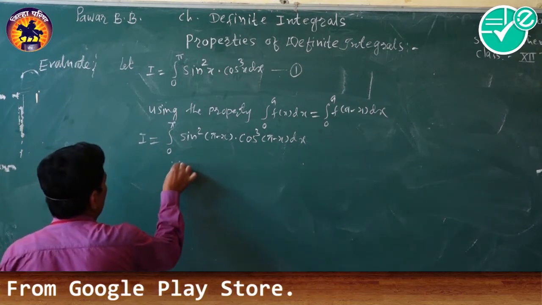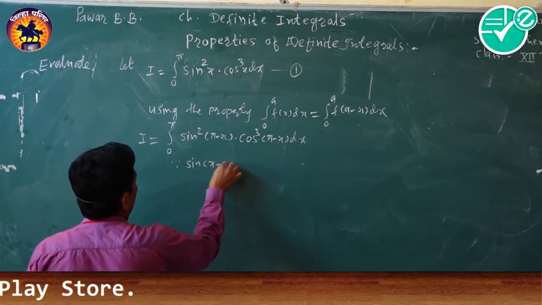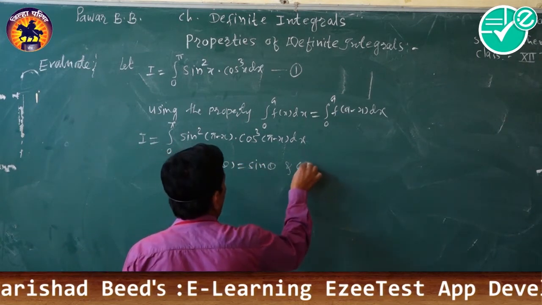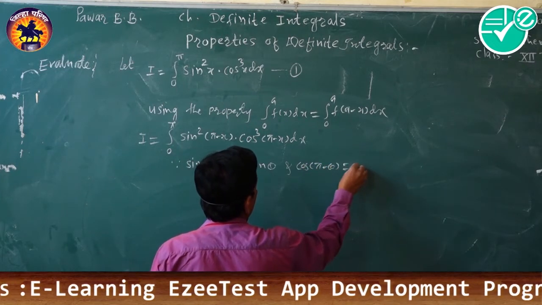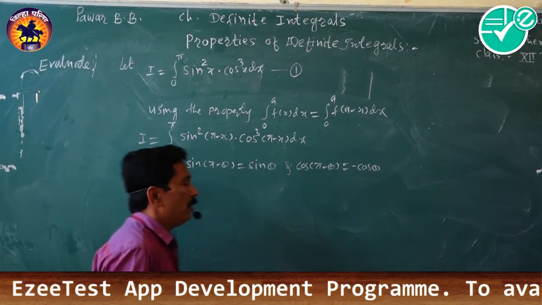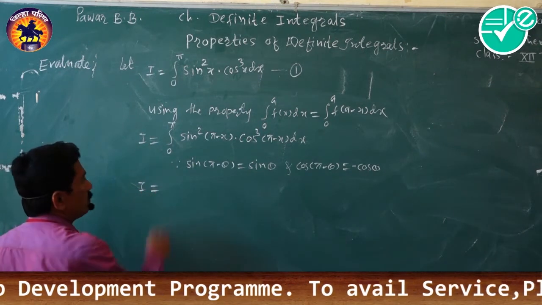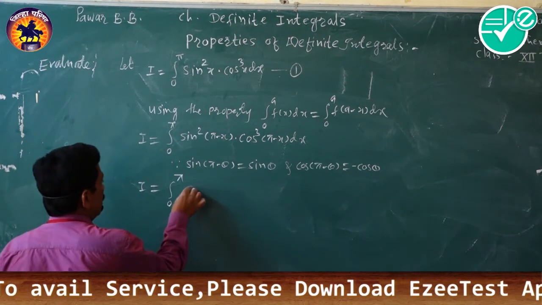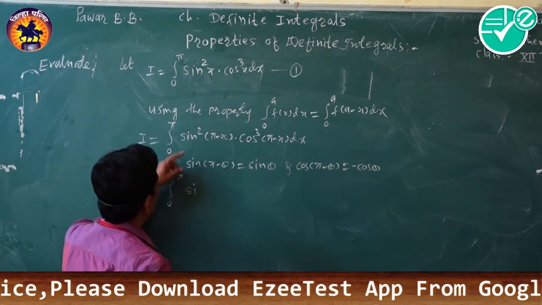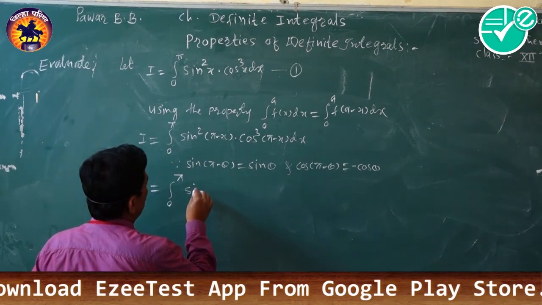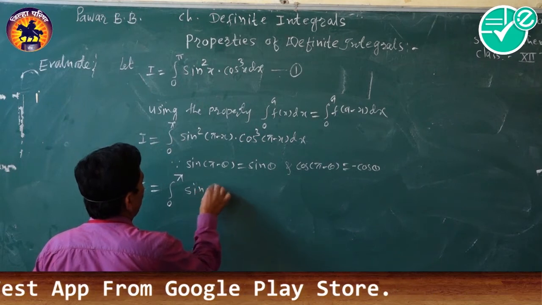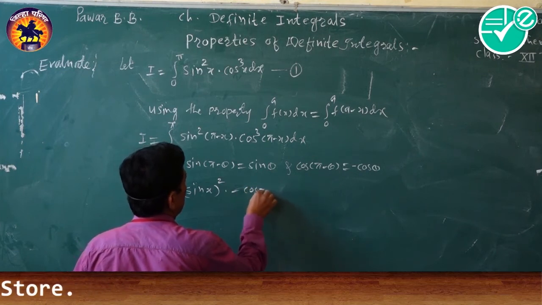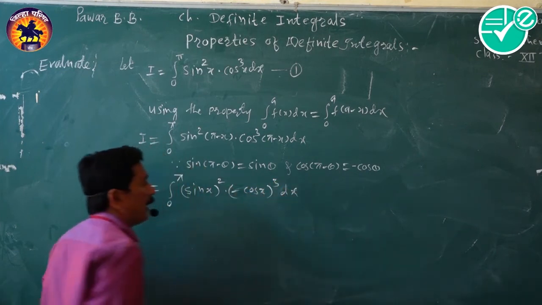Now since sin (pi minus theta) is equal to sin theta and cos (pi minus theta) is equal to minus cos theta, therefore I is equal to integration from 0 to pi (sin x) square into (minus cos x) cube dx.